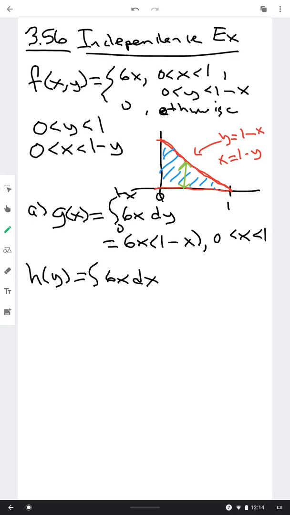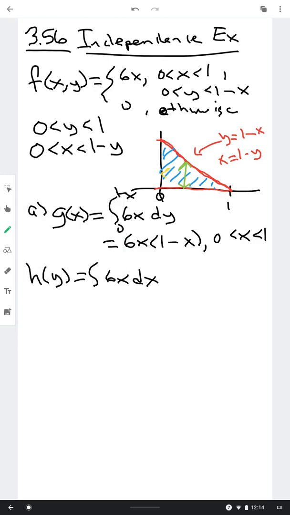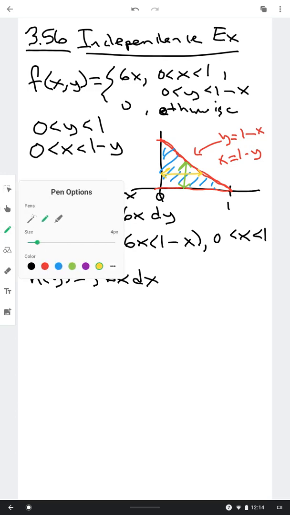So I can draw another one here. Let's do orange. Kind of reversing my thinking here. I'm focusing on how x is restricted by y, to figure out what my bounds for the limits of integration are.